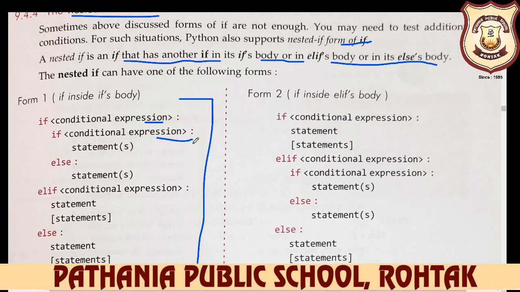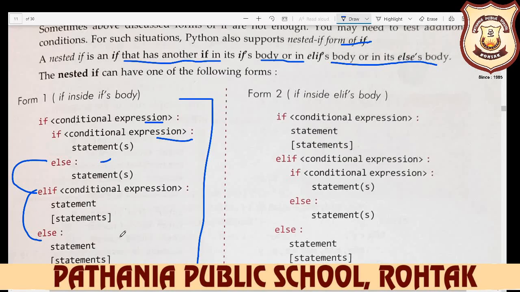If multiple conditions are there, then you write down the nested if. And after that we write down the else. After that we use again elif here, and in elif we write down the second condition, then the display statement, same like the above example, else, otherwise display the statement else. This is one form.